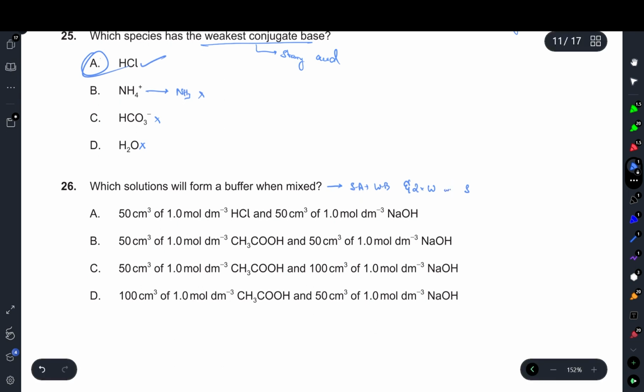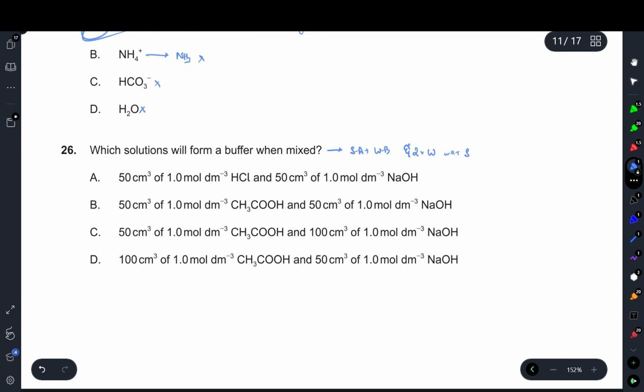So if you were to check this out, HCl, NaOH, absolutely not. The rest of these are weak acids, strong base. So let's go ahead and look at this. 50 centimeter cube, 50 centimeter cube? No, those are equimolar. That's incorrect. 50 centimeter cube, 100 centimeter cube. That looks right.